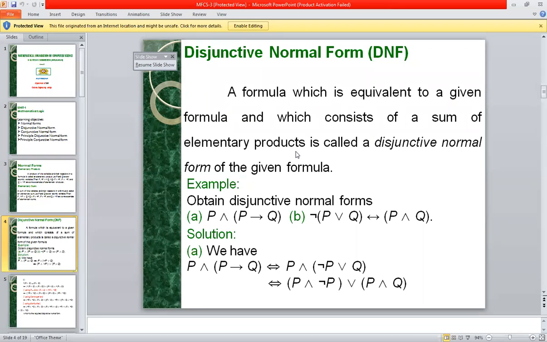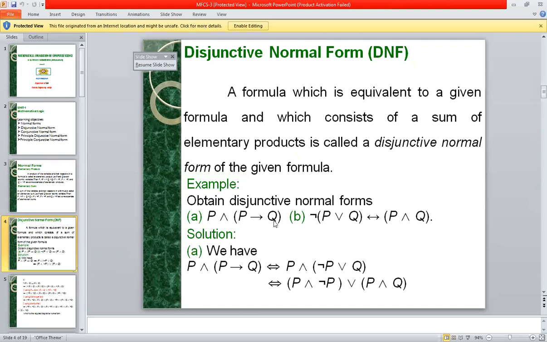Let us consider the example. Obtain the disjunctive normal form. The first statement formula is P and (P implication Q). Here we remember all the equivalence laws we studied in the earlier class.